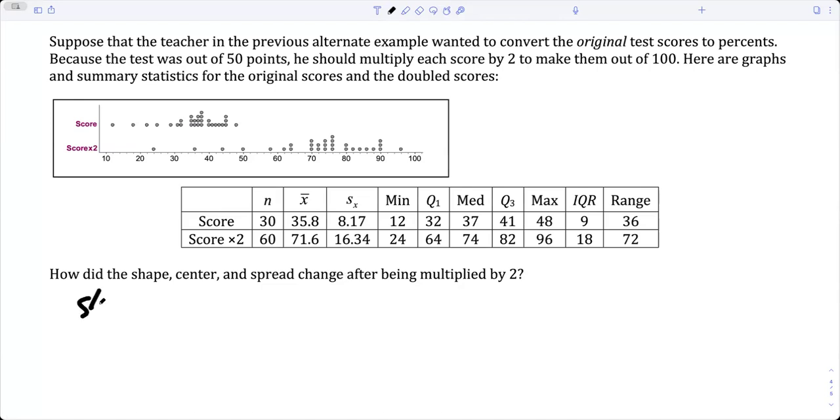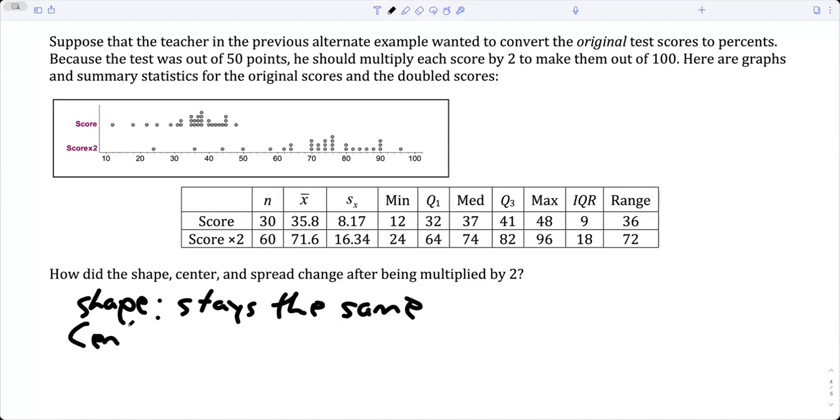Okay, well, look at the shape. I have a left skewed distribution and the new one that is doubled, the shape is also left skewed, so the shape stays the same. Okay, what happens to the center?